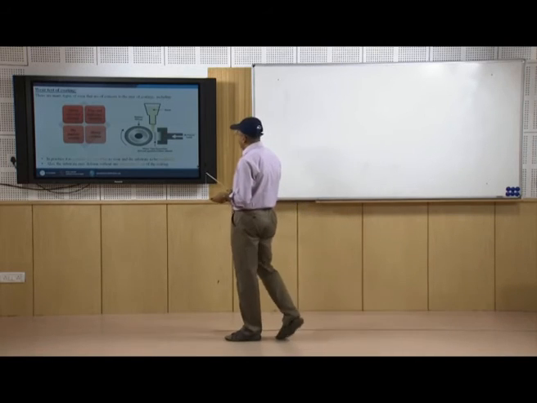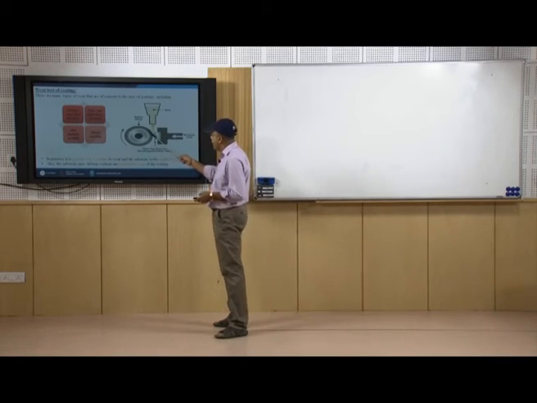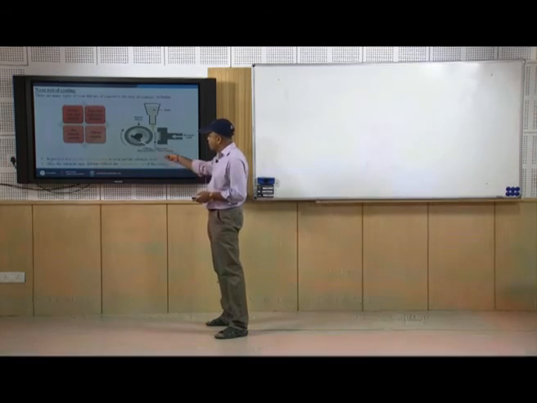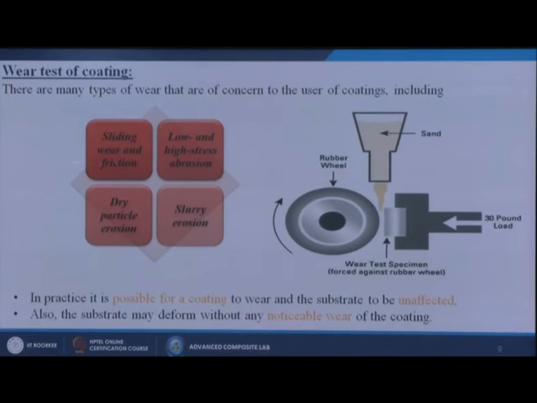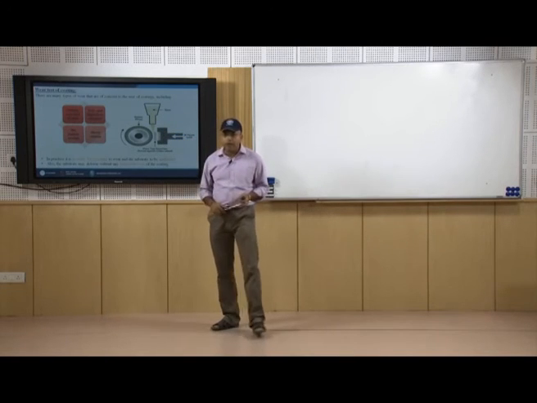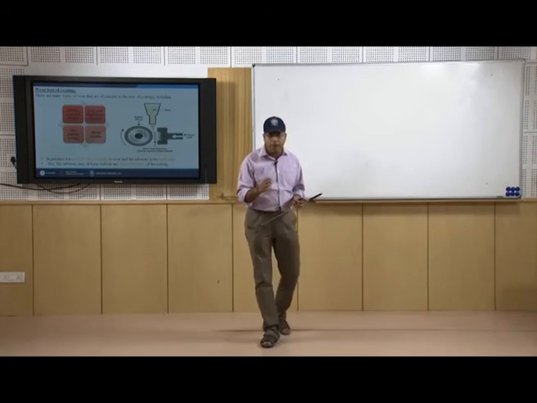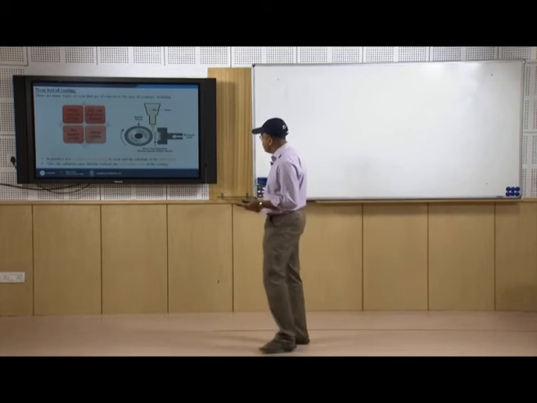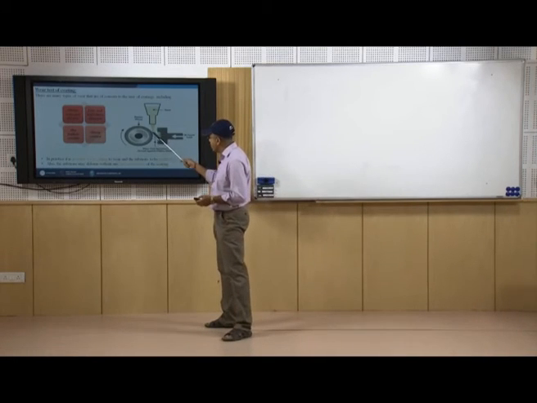So, in this particular case we have one grinding wheel or rubber wheel, which sometimes is embedded with some kind of abrasive particles or sometimes is totally virgin. In between our test specimen or substrate, we put some kind of sand or abrasive particles, so that the rubber gets stuck with those sand particles, and then continuously it rubs our test specimen.